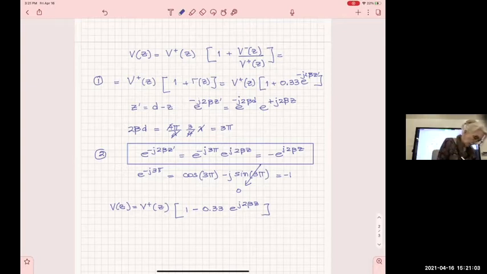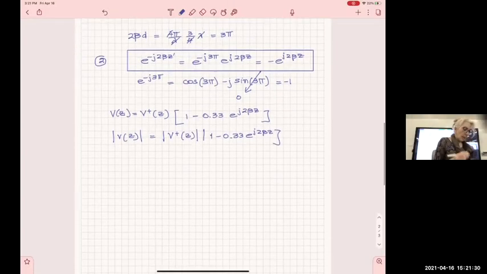So I would say, okay, let's find the magnitude of V of z. And the magnitude of V of z will be the magnitude of V plus of z times the magnitude of this complex number, which is the magnitude of 1 minus 0.33 e to the j 2 beta z.